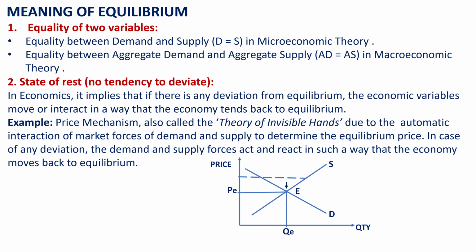Similarly, if the market price falls below the equilibrium price, then excess demand will increase the price back to equilibrium. This is what we mean by equilibrium as state of rest in economics. Now let's move on to study the concept of equilibrium in Keynesian macroeconomic theory.